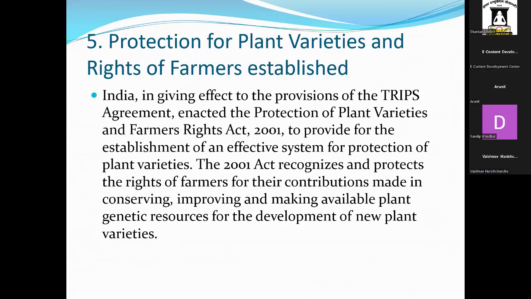India, in giving effect to the provisions of the TRIPS agreement, enacted the Protection of Plant Varieties and Farmers' Rights Act 2001 to provide for an effective system for protection of plant varieties. So we can protect our plant varieties. The 2001 Act recognizes and protects the rights of farmers for their contribution in conserving, improving, and making available plant genetic resources for the development of new plant varieties.